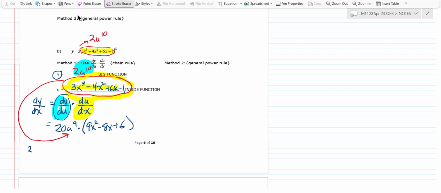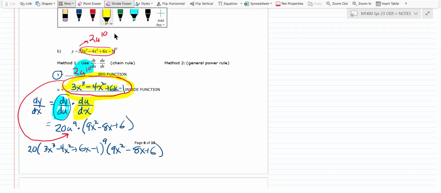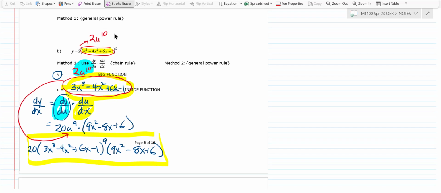So what you're going to get is 20 parentheses 3x to the third minus 4x squared plus 6x minus 1 to the 9th power after you plug back in for u, and then 9x to the second minus 8x plus 6. So that would be your official answer to the problem right there. Okay? All right, but don't forget to plug back in. I don't want u in the answer.